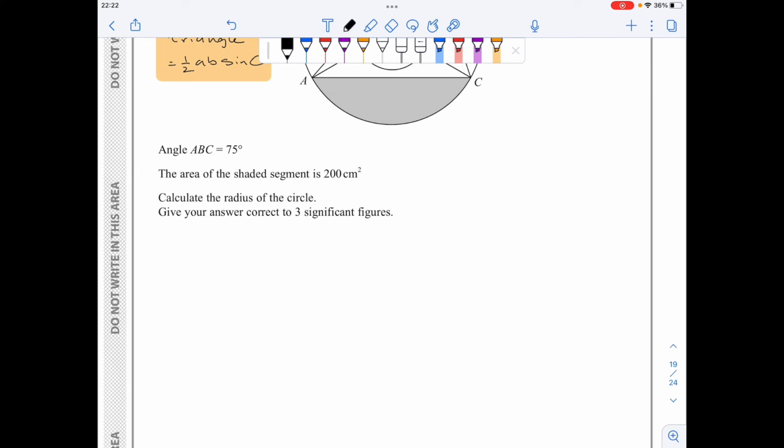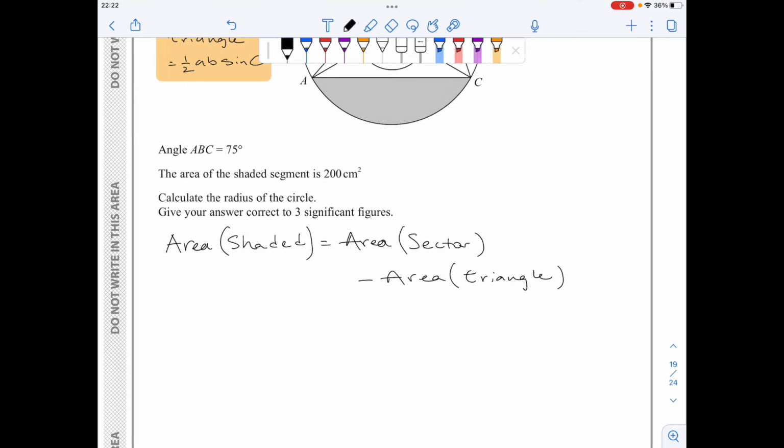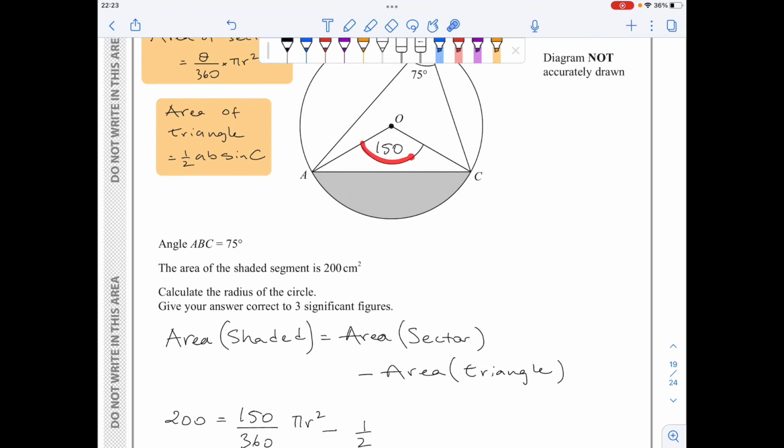So the shaded area is equal to the area of the sector minus the area of the triangle. So 200 is equal to 150 over 360 pi r squared minus 1 over 2. And now since I'm going to use the 150 degree angle, I will need the two sides A and B that are adjacent, and these are these two sides here.